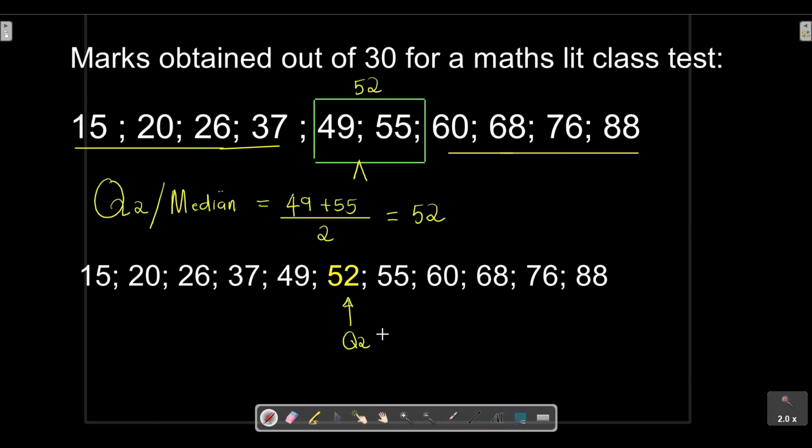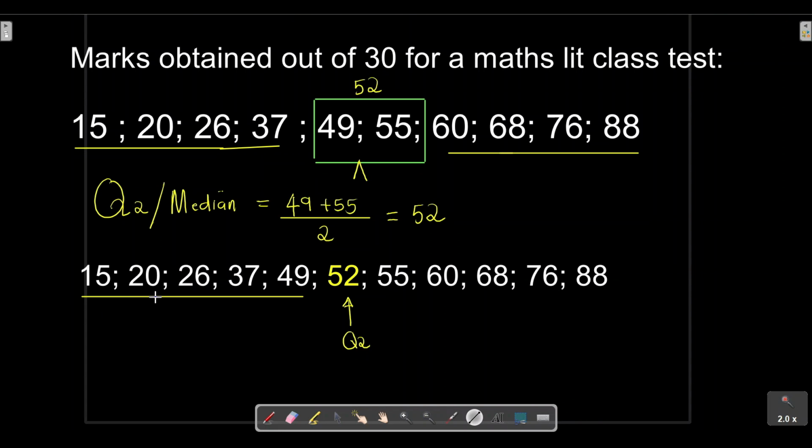Okay, so what we're trying to find now is our Q1 and our Q3. The Q1, guys, is the middle value on the lower part of our data set, or the middle value on the left side of our data set. Here we can see that on the left side we've got an odd set.